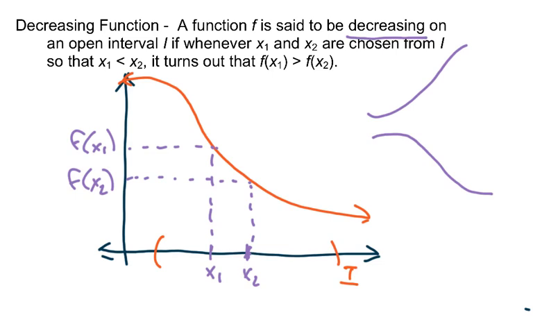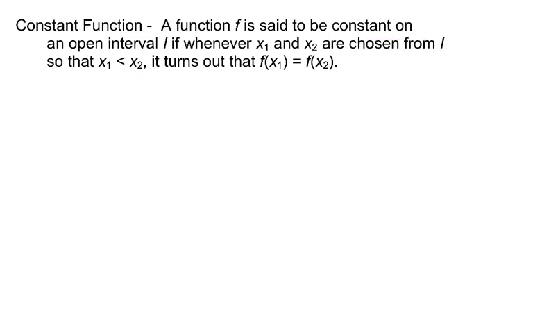Is there any other option? Yes, there's one more, and that's called a constant function. A function is said to be constant on an open interval if whenever you pick x1 and x2 from the interval, with x1 on the left, the function values are the same. So what does that look like?